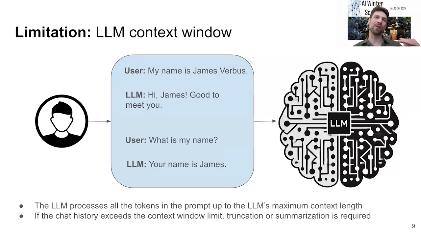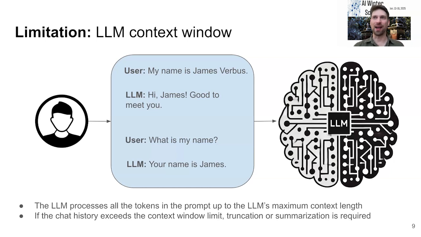So if you have too long of a chat history, your client will either need to truncate it or have some advanced techniques for summarizing what the prior history has been, and then only pass that summarized history into the LLM.